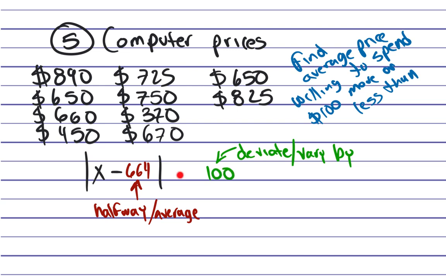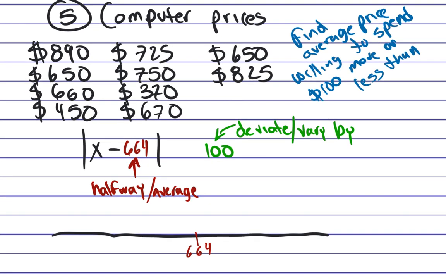Now, what inequality do I do here? So let's look at the number line to try to make sense of where that inequality comes from. I have 664 in the middle. If I vary by 100, I'm willing to spend 764 as my maximum, or 564 as my minimum. Am I willing to spend 500?